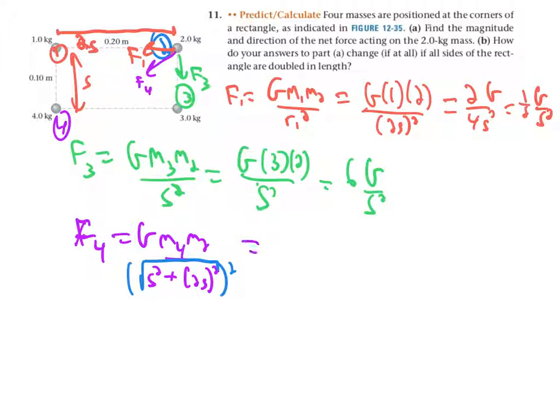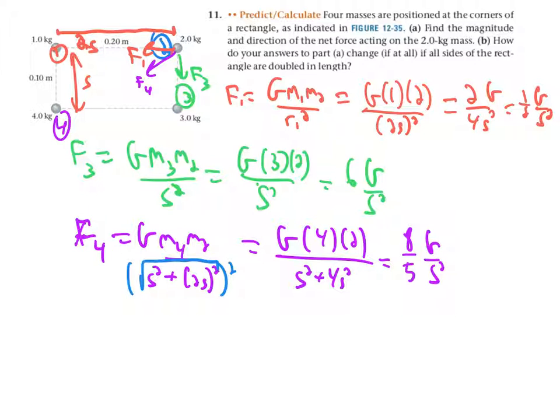So after all of those games, we have G times 4 times 2 over s squared plus 4s squared. And so we get something like 8/5 G over s squared. And again, we can get numbers for that pretty easily, and we will, but I want to just carry them that way so that we can simplify our math. And we also see their relative strength. This one is somewhat larger because it's a lot more mass, but it's also considerably further away compared to Object 1.